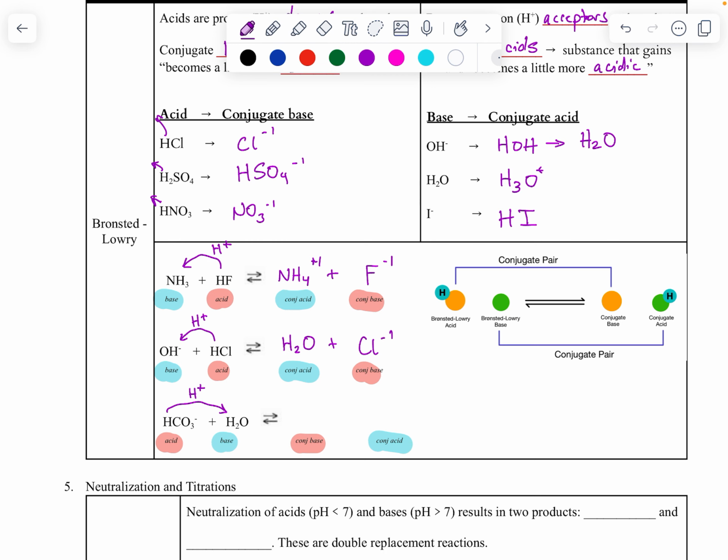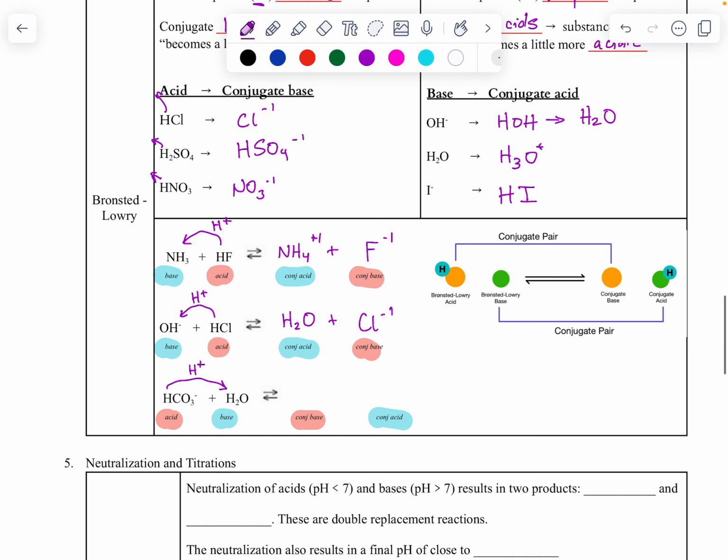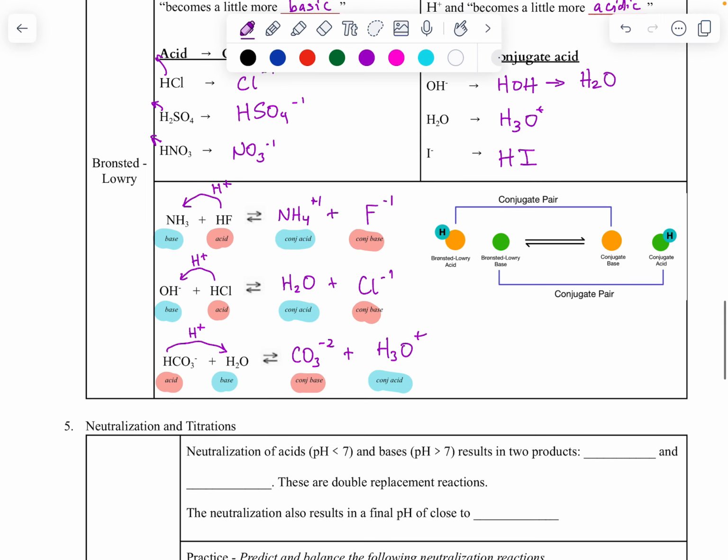Again, this acid donates its H to get a conjugate base of CO3 -2. And now this becomes, again, one of those hydronium ions, H3O plus. So again, you get your conjugate pairs.